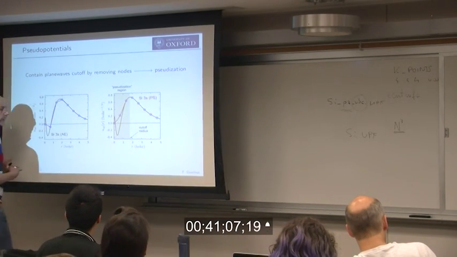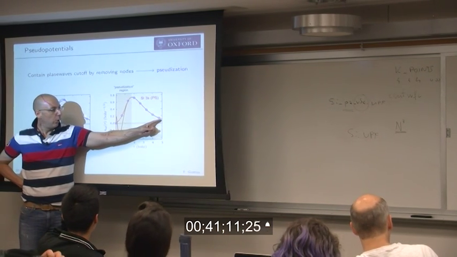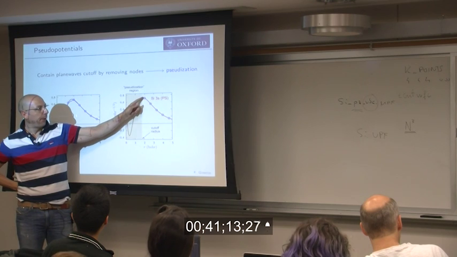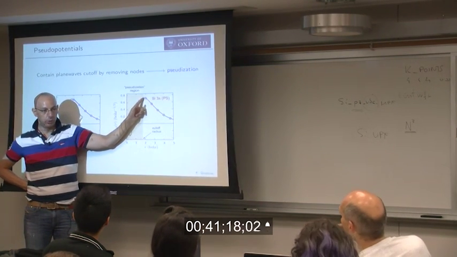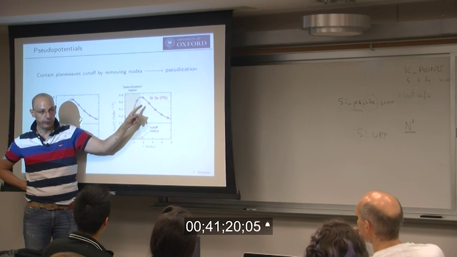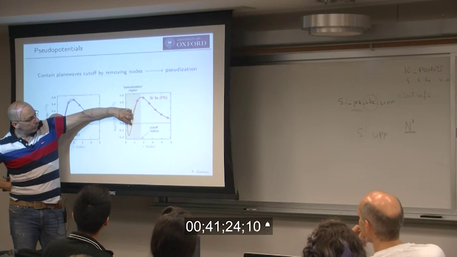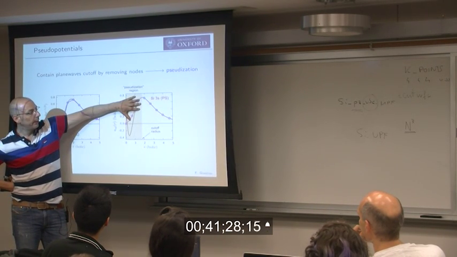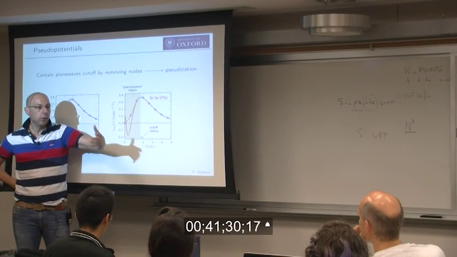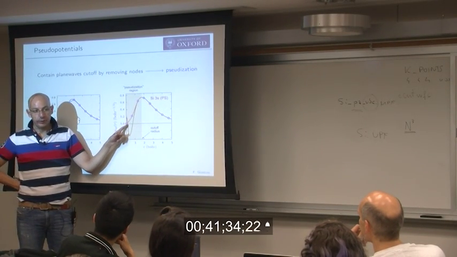So how can recipes differ? It's actually quite simple. All pseudopotentials make sure that everything on this side, beyond this cutoff, is identical to the all-electron calculation without the pseudopotential, okay? But here, the only thing you want to do is to remove the nodes and cut smoothly so that you can use a small cutoff at the end of the story. But you can imagine there are many recipes for doing that, okay?